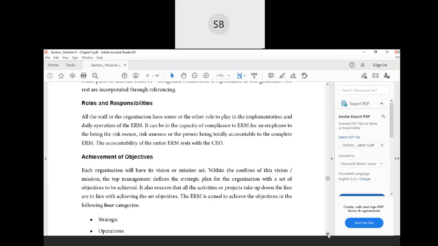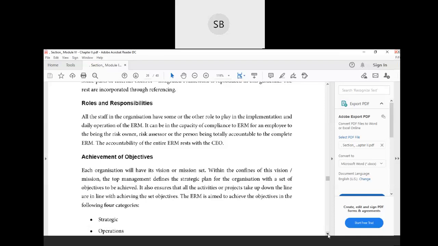You people are now pursuing MCA. Why? Obviously you have some objective, that you want to reach a certain level, get a good IT job maybe, or earn a good salary. We don't analyze the risk from the early stage. That comes in between. Once we set the objective, then we identify the risk associated with it.